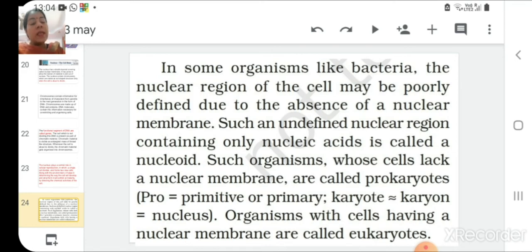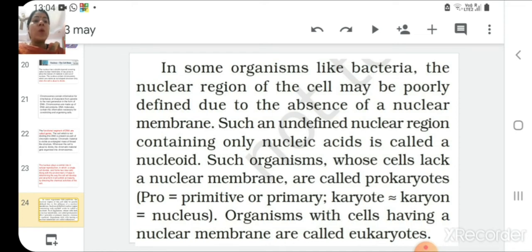So again, in bacteria also this DNA or genetic material is present, but that genetic material is not packed in a nuclear membrane. It may be freely floating in the cell. It may be an unorganized, undefined region, and that undefined region is known as nucleoid.